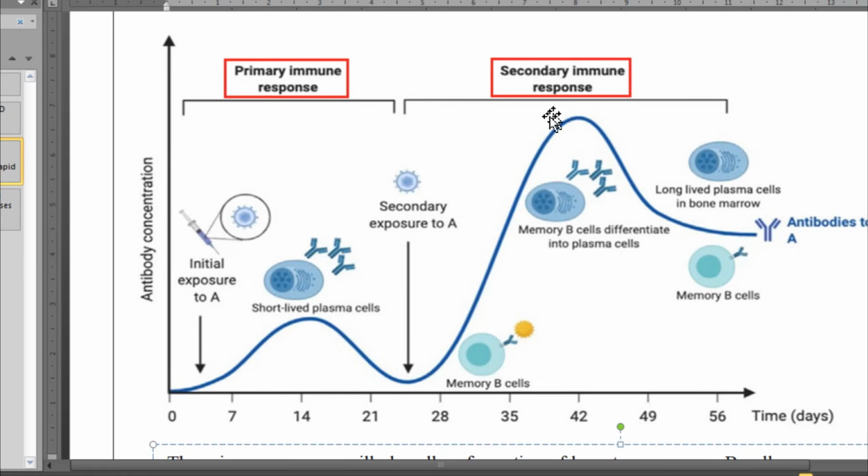This is your secondary response. And this is because your body has these memory cells now. These memory cells are able to recognize the dengue antigen, the dengue virus, and say, hey, we're coming at you with force now. We're going to produce all these antibodies. And as a result, because we have so much, you could think of the virus getting flushed out of your body faster. And you produce more memory cells and more plasma cells, and these would be more long-lived or more long-term. And that's basically what's happening here.